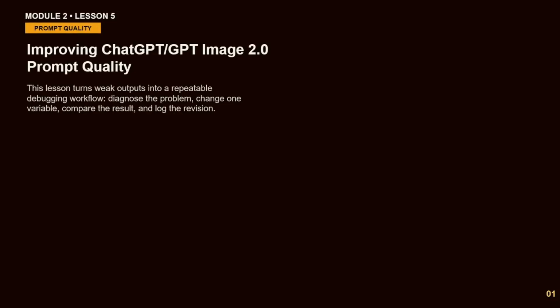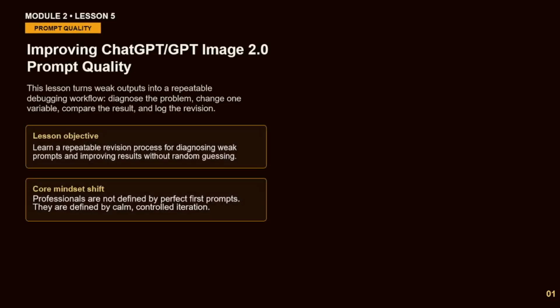Lesson 5 will be covering prompt improvement, the quality of your prompts. From the other lessons we saw how you can generate prompts for bio image, flyer, logo, and product visuals. So in this lesson, let's read the lesson objective: learn a repeatable revision process for diagnosing weak prompts and improving results without random guessing.